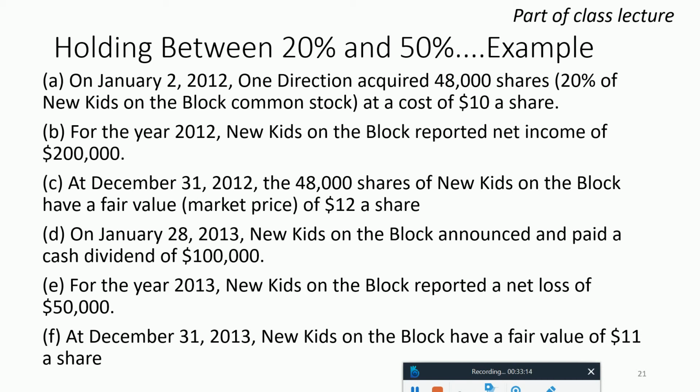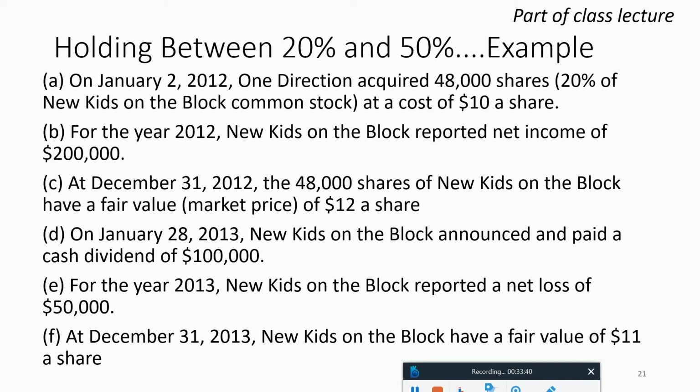Then, for all of 2012, New Kids on the Block reported net income of $200,000. So, the equity method basically says you are going to increase your equity investment by your proportion of the net income. In total, New Kids on the Block reported net income of $200,000.